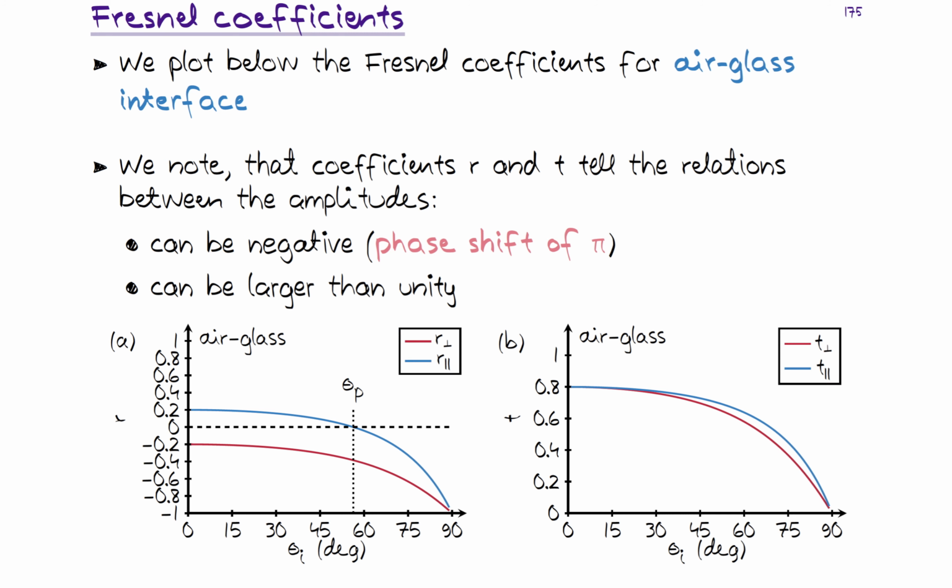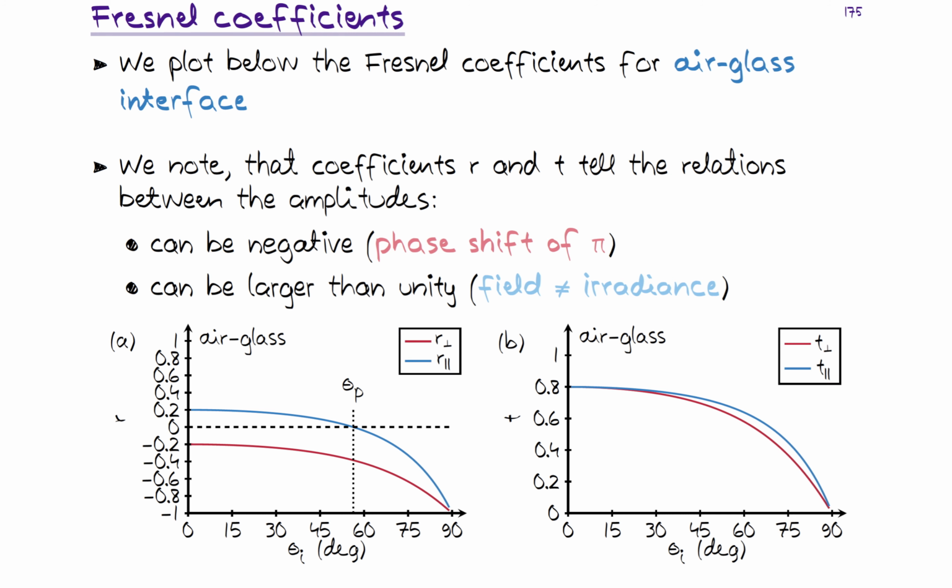Here, this is somehow not as obvious: they can also be larger than unity. I will just let you sweat for a while and say that the field is not the same thing as irradiance, and this is what makes it possible that these reflection and transmission coefficients can actually be larger than unity.